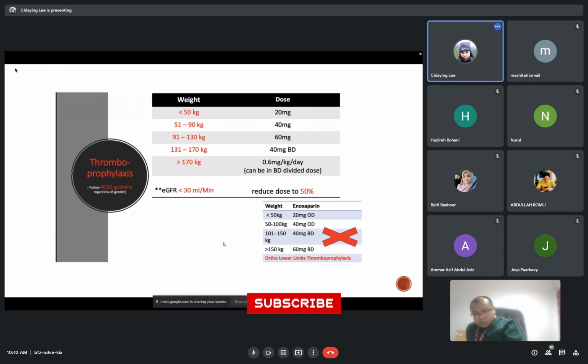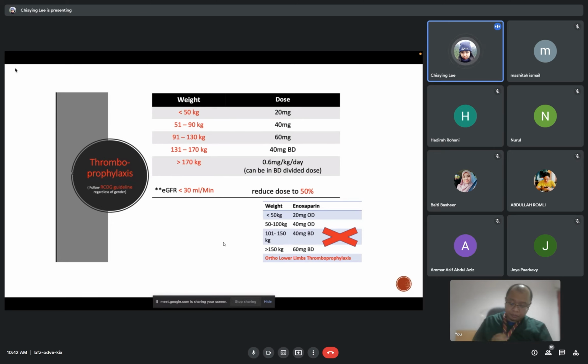Okay, so for the dose we need to see how much the patient weighs. I'm talking about the prophylaxis dose: if they are less than 50 kilo, we give 20 mg, 51 to 90, give 40, 91 to 130 kilo, we give 60, and if they are 131 to 170, we give 40 mg BD.